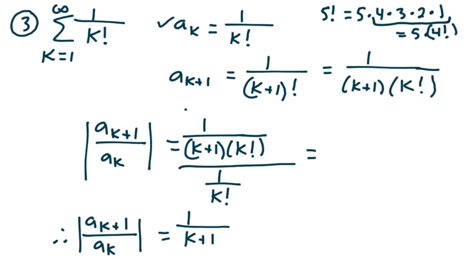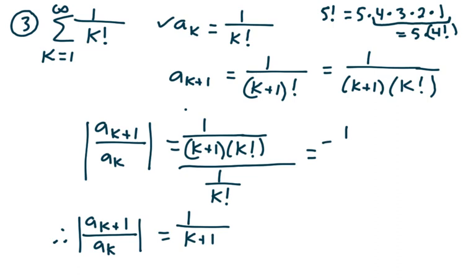Now, a sub k is 1 over k factorial. A sub k+1 is 1 over (k+1) factorial, but I'm going to strip away that k+1 and write the remaining factors as k factorial. So in other words, I'm going to take a sub k+1 and write it as 1 over (k+1) times k factorial. So the absolute value of a sub k+1 over a sub k is 1 over (k+1) times k factorial divided by 1 over k factorial.